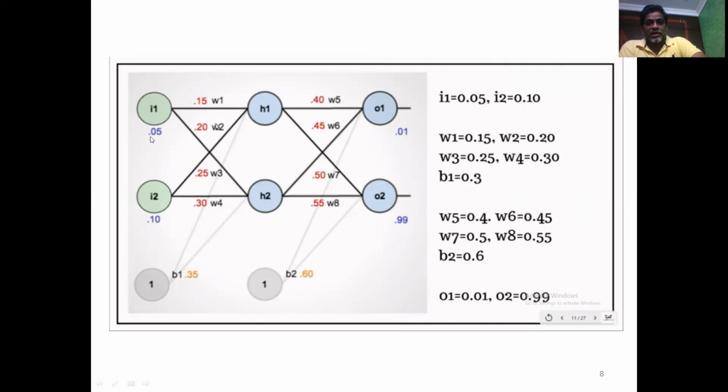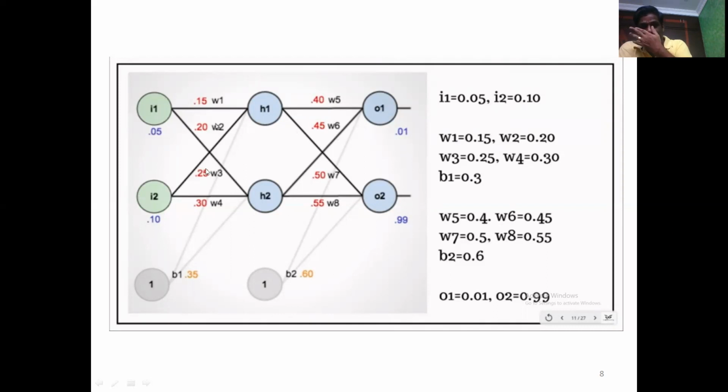Let us say the inputs I am giving are 0.05 and 0.10, and for this input, the output must be 0.01 and 0.99. That means whenever I give this input 0.05, 0.10, it should produce 0.01 and 0.99 at the output layer. The size of the input pattern is 2 and the size of the output pattern is also 2.